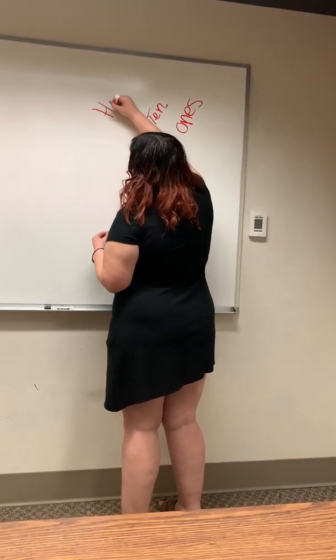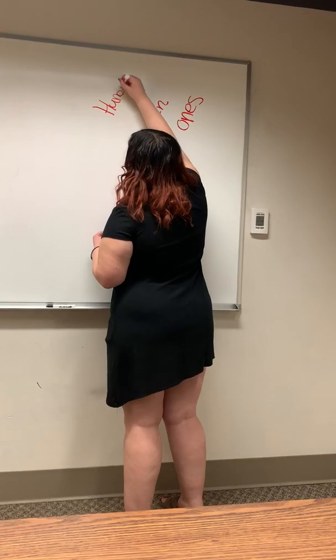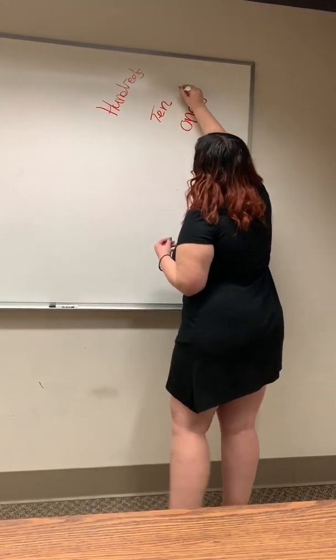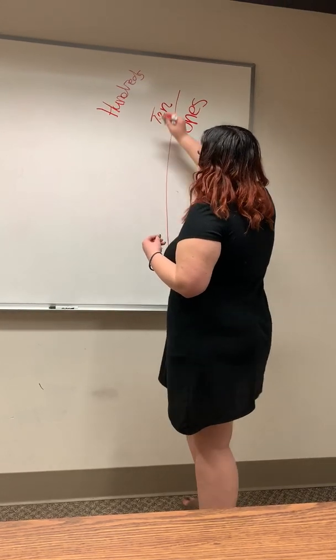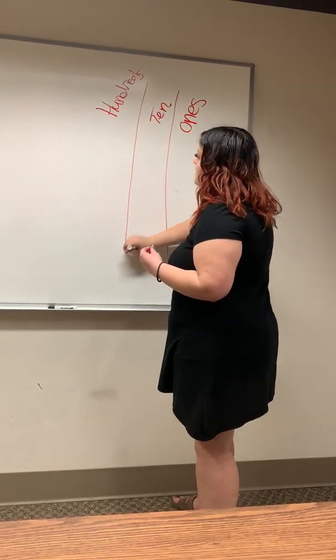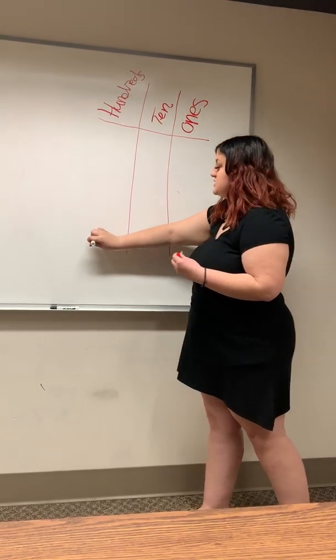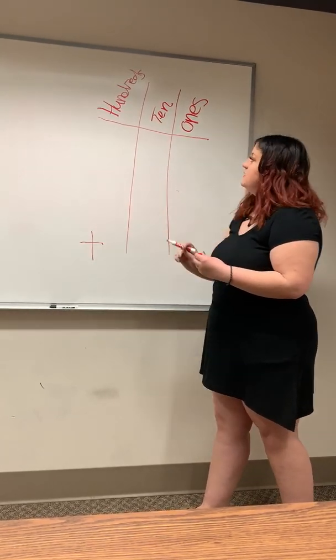So those are the three we're going to work with today. So the first step in column addition is writing your place values up top. And we're going to add the addition sign down below.